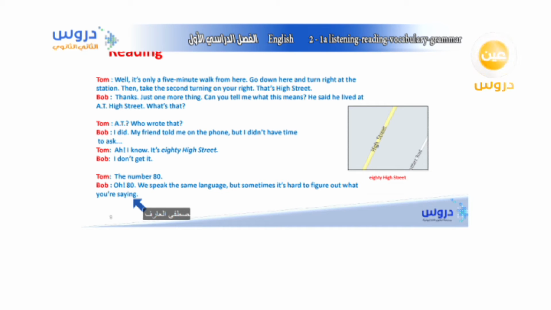So in British English, if you want to write 80, it sounds like A and T, like the letters A and T. So the American man who heard from his friend, he wrote A-T as letters, but actually it's 80. Here is just some difference in the accent.